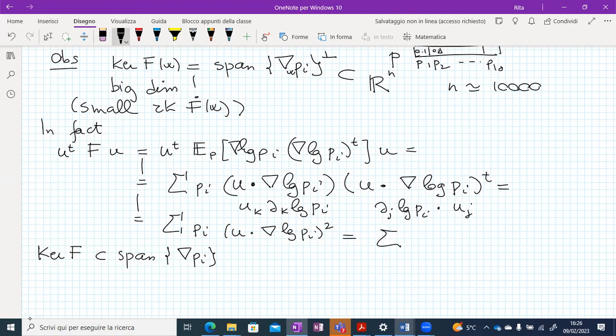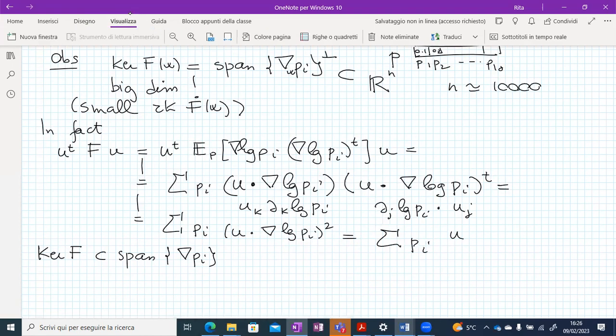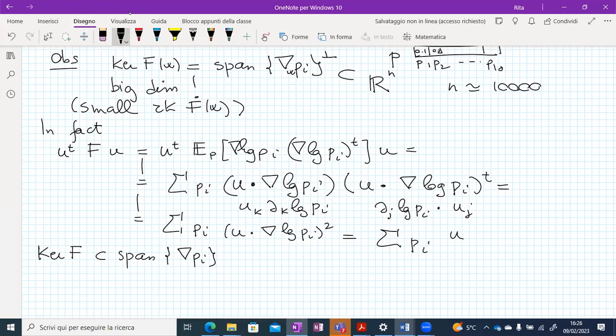This is the summation of P_i times u times the gradient over P_i, squared. Sorry, bad professor, I just rewrite it in a better way.